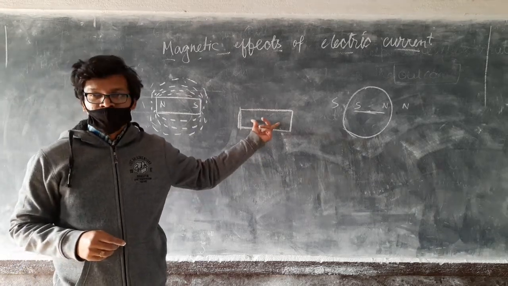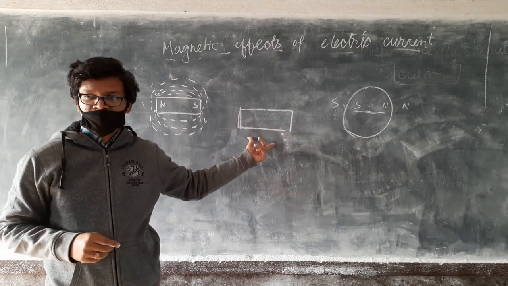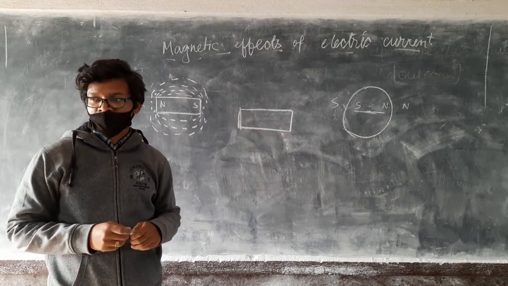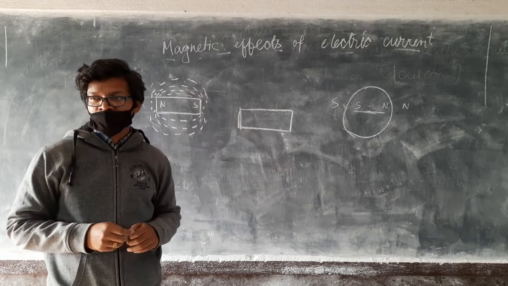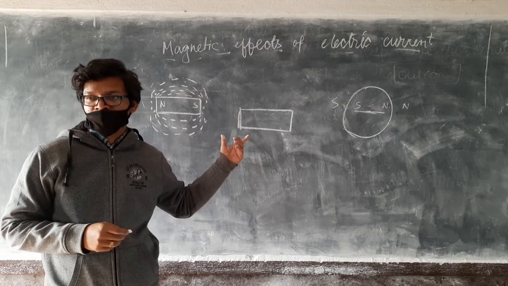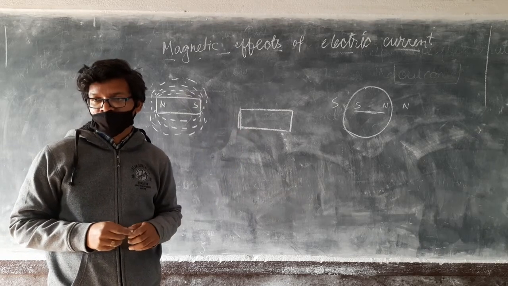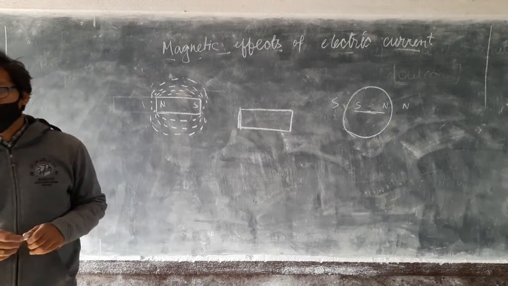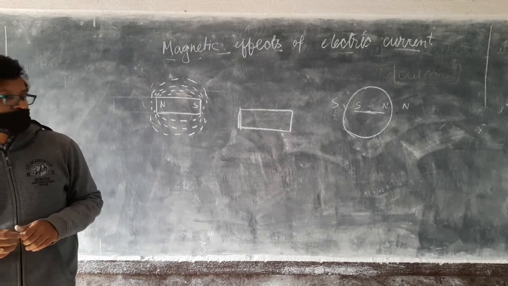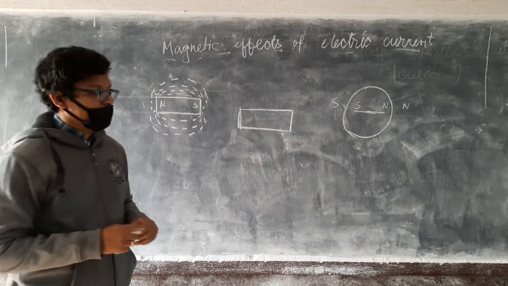To show whether a magnetic field is there or not, how much extent there is, and what the direction of the magnetic field is, we have come up with magnetic field lines. Like electric field lines, here also there are magnetic field lines. So what are the properties of magnetic field lines?